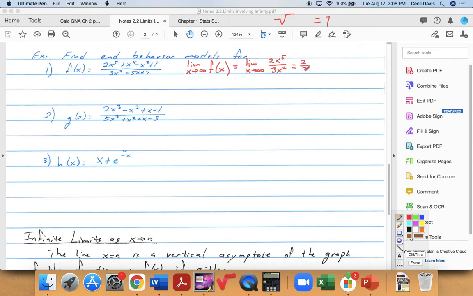Most students don't do it, but you could write the 2/3 out here of the limit as x tends to infinity of, well, what's x to the fifth divided by x squared? X cubed.